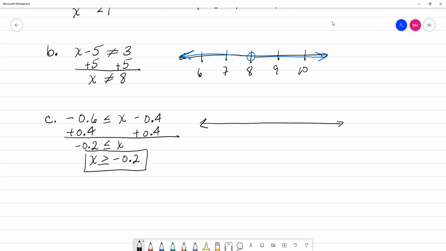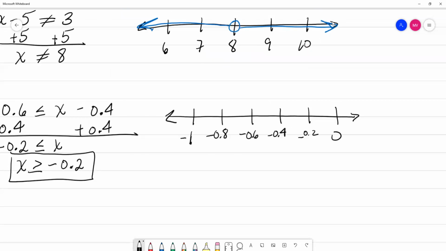Let's see. So I'm just going to go with negative 1, negative 0.8, negative 0.6, negative 0.4, negative 0.2, 0. A little bit bigger so you can see it in the back.